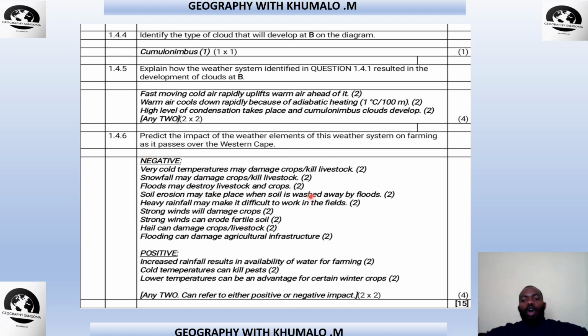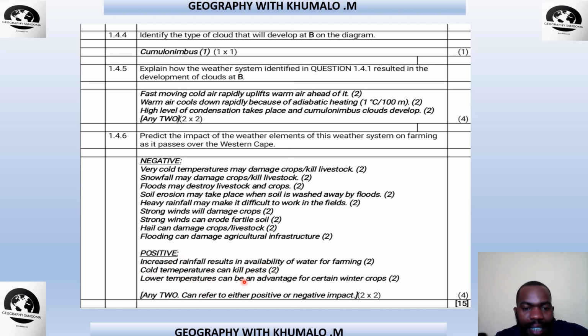Remember, they must always be in full sentences, because the examination verbs require these answers in full sentences. The positives that you could have referred to: increased rainfall results in availability of water for farming. You can say water in the dams, increased water in dams, or availability of water.